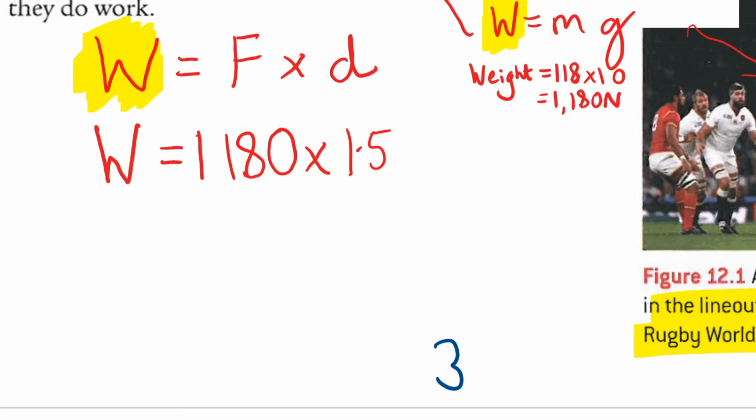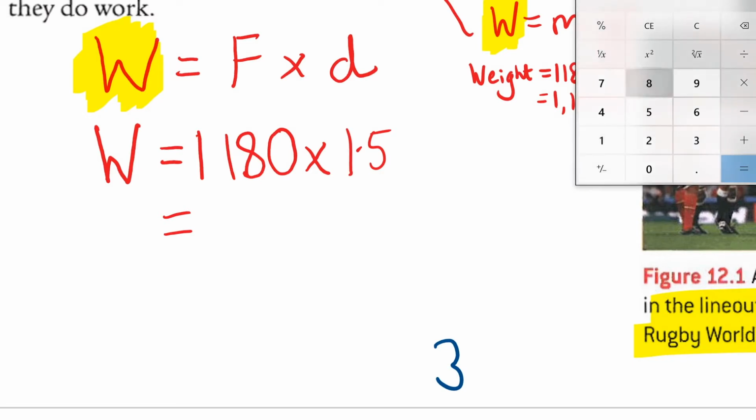So you just get your calculator and work out the answer. So we multiply the force by the distance, and that's the energy transferred. Notice the unit for energy is joules.